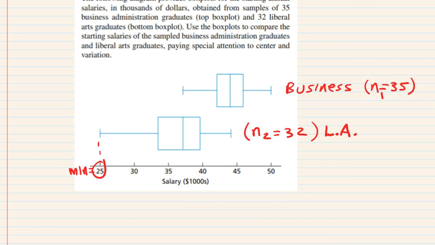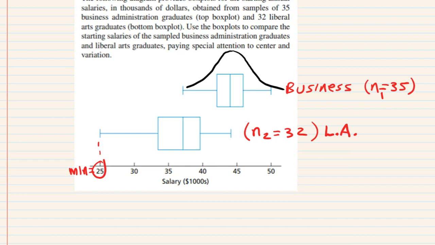Now, something else that's important here is the shape of the distribution. This looks like a normal, symmetric, bell-shaped distribution, right? That's what this one is. So this would be the distribution of salaries for business majors.